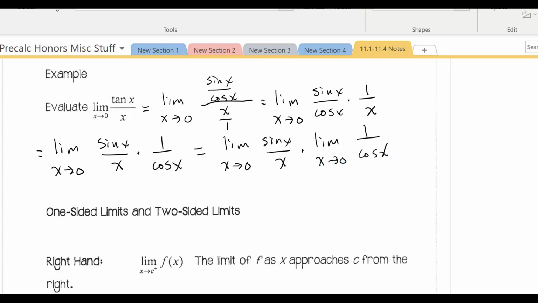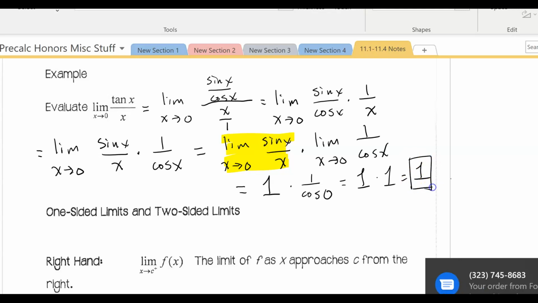So this we discussed in another video is equal to 1. And then if I plug 0 in here, it's 1 over cosine of 0. And the cosine of 0 is 1, so that's going to be 1 times 1, or just 1.